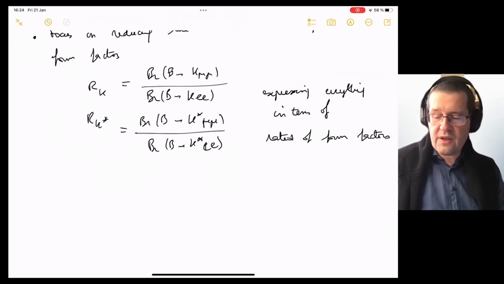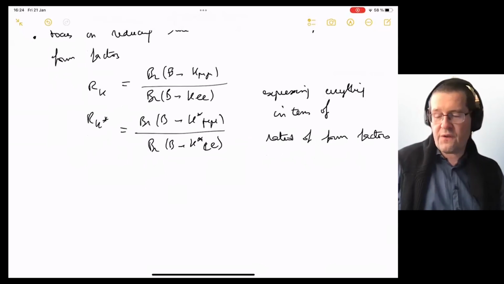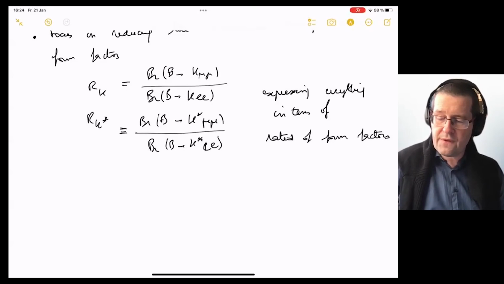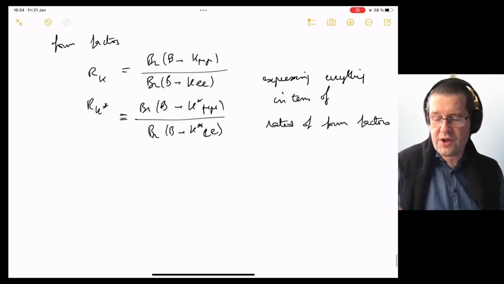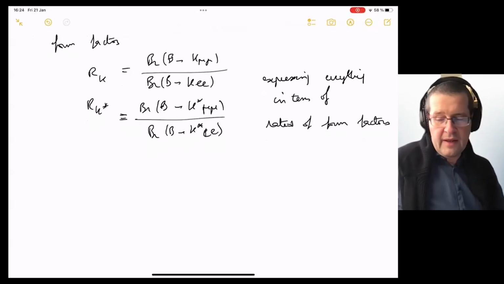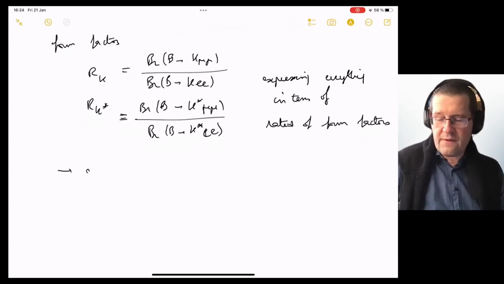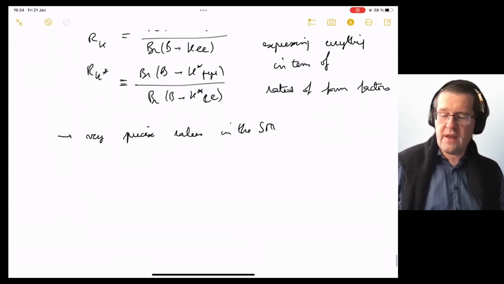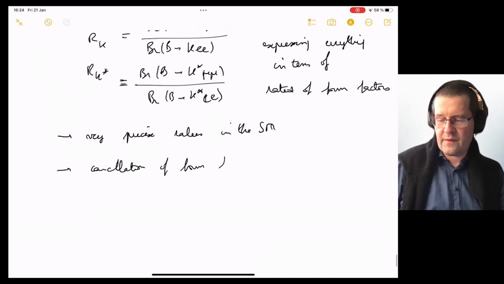So that means that actually, that's one of the reasons, it's not the only one, why you do have so much ability to derive precise predictions, especially in the standard model. Once you start having new physics coming into the game, the cancellation of form factors is not as efficient.